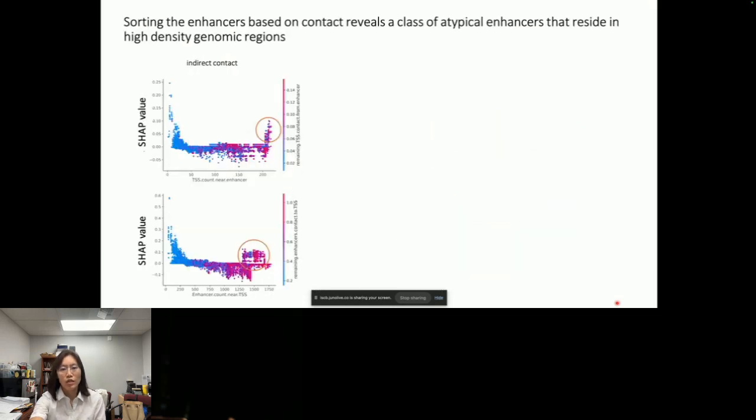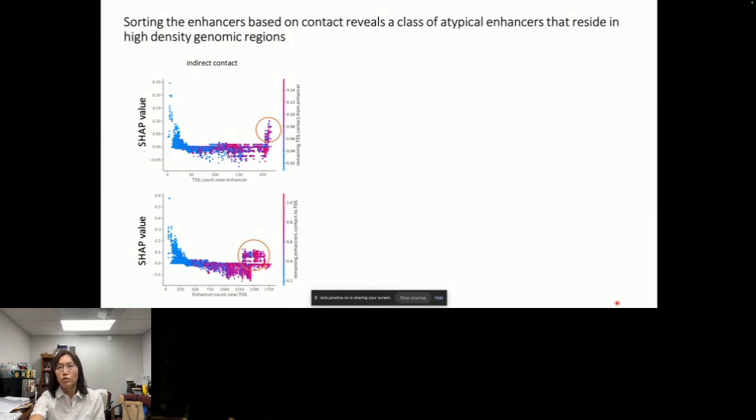But interestingly, when we focused on enhancers that have indirect contact with the promoter, these are enhancers that have very low Hi-C contact, there was a subset of enhancers that only showed positive prediction in very dense regions where there were lots of other enhancers and transcription start sites.